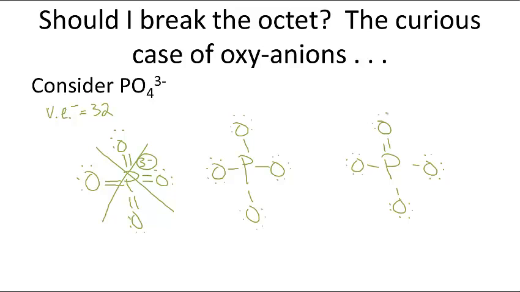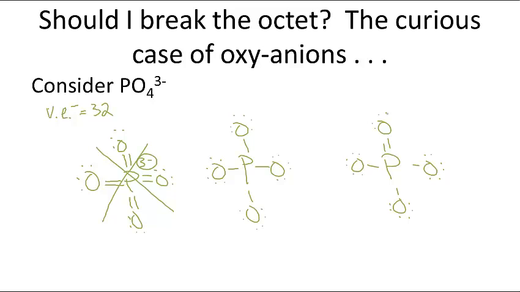That is the way most textbooks have it, with an expanded octet around phosphorus. Now, yeah, if you Google PO4 3 minus, Lewis structure, you'll probably get this one.